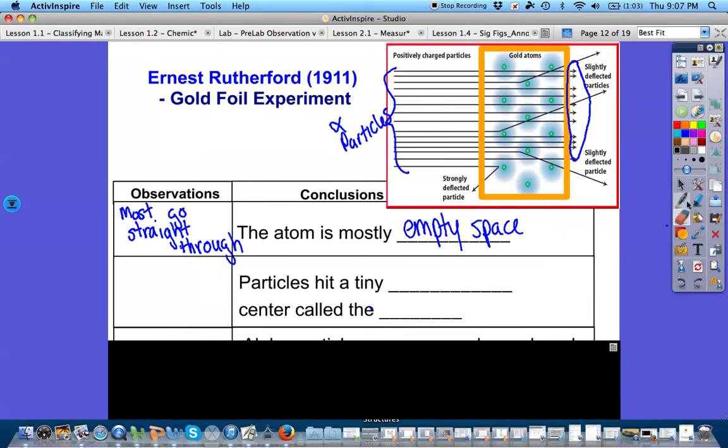Well, the other thing that he noticed is that some are deflected at wide angles. And from this, he concluded that the particles hit a tiny, dense center that he called the nucleus.